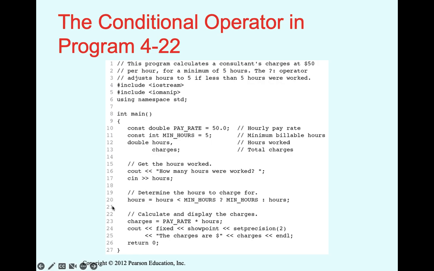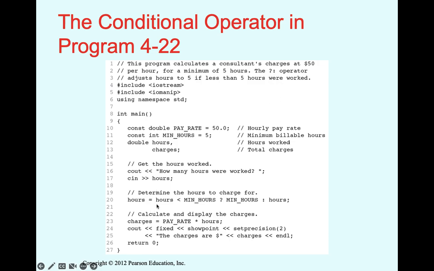So where are we using conditional operators? We are asking the user for hours here, how many hours he worked, and it depends on the hours. If the hours is less than the minimum hours, then we give him the minimum hours. Otherwise, we give him his hours. So imagine the minimum hour is 5, okay?